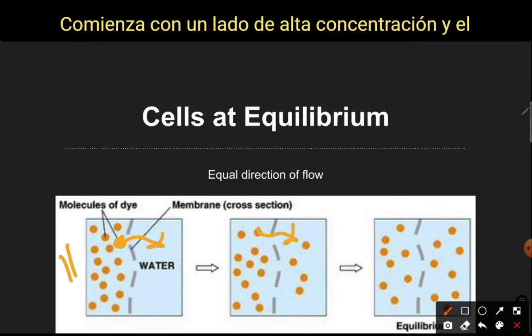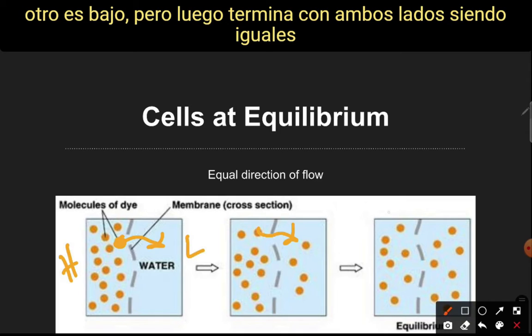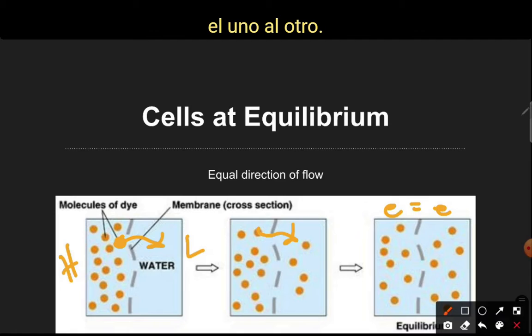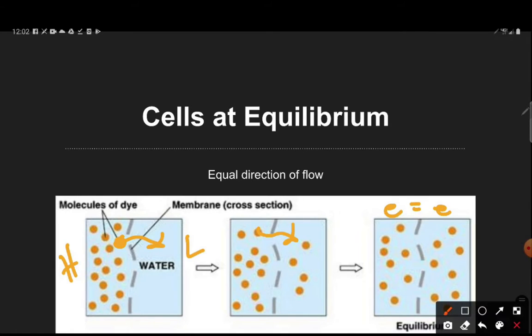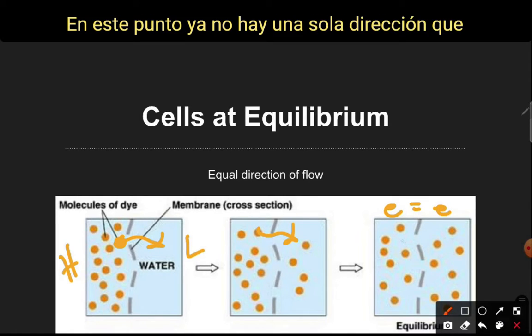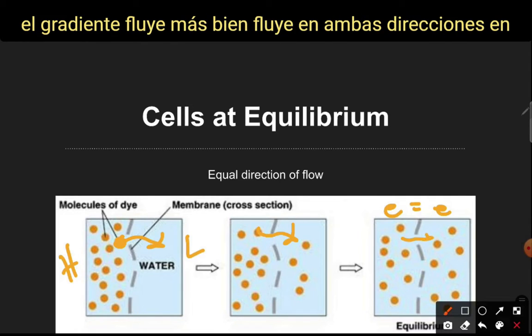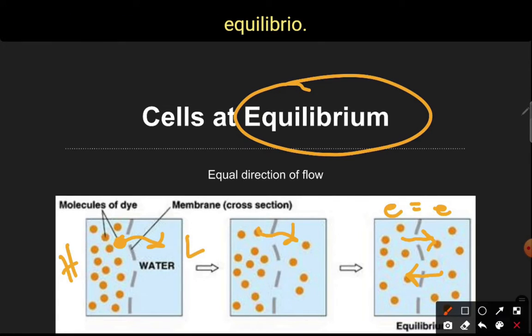It starts with one side being high concentration and the other being low, but then it ends with both sides being equal to each other. At this point, there is no longer a single direction that the gradient flows. Rather, it flows in both directions at equilibrium.